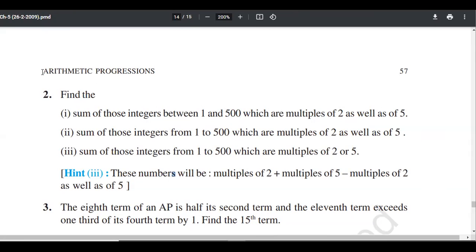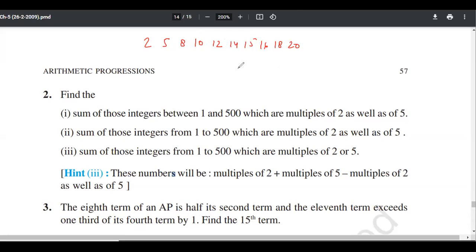So can that be an AP? For example, if I'm having a number that is 2, then 5, and then 8, and then 10, and then 12, then 14, then 15, then 16, then 17, then 18, then 20.